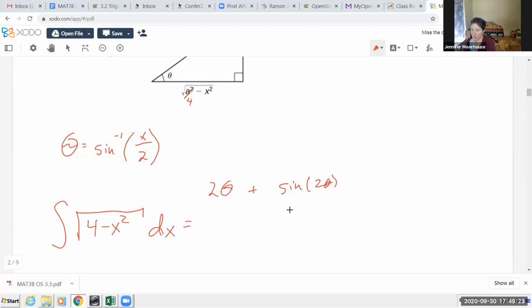So I substitute those in. 2 times theta, well, theta is sine inverse of x over 2, plus sine of 2 times sine inverse of x over 2.